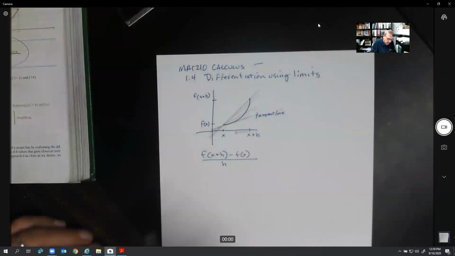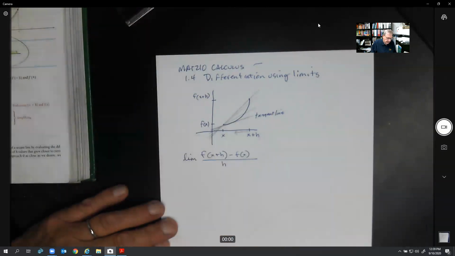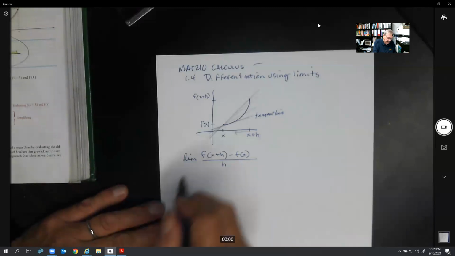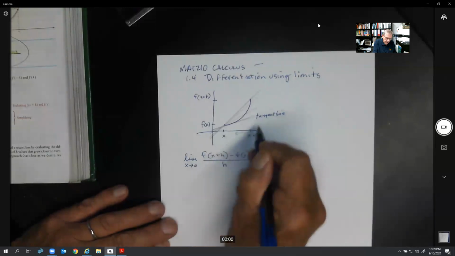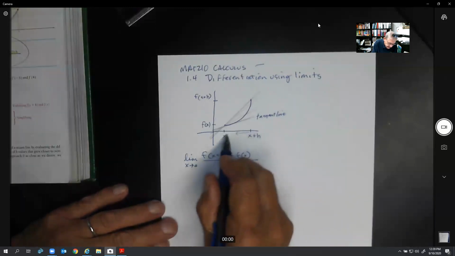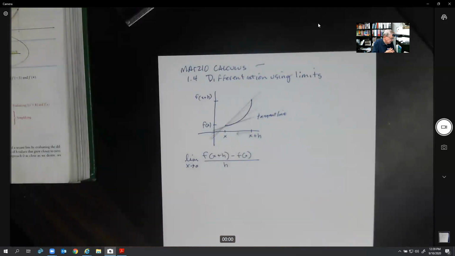What we're going to do is take the limit of our difference quotient as h approaches 0. As this distance here becomes so small that it actually becomes just a flat out 0.